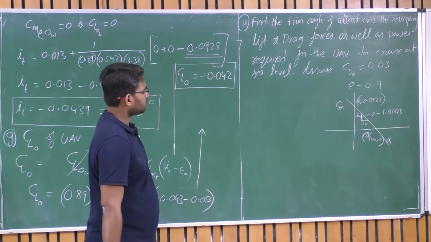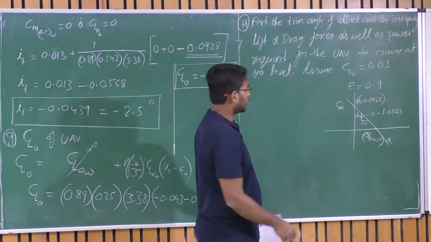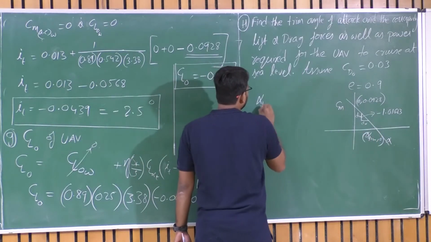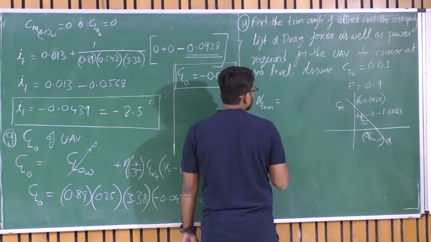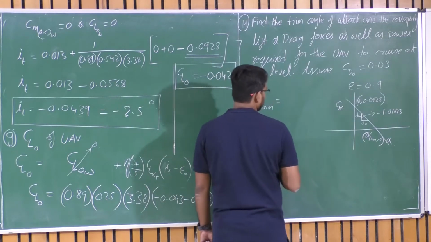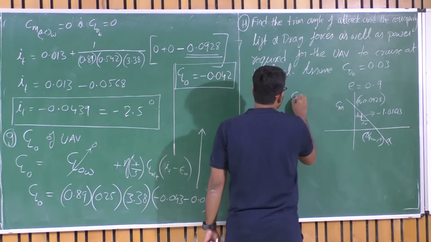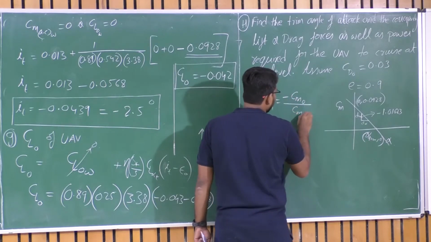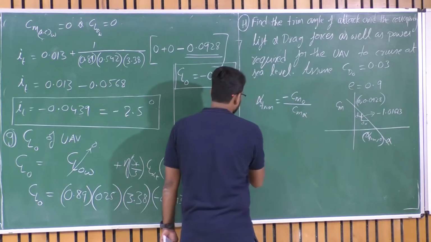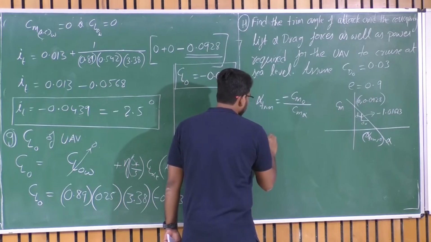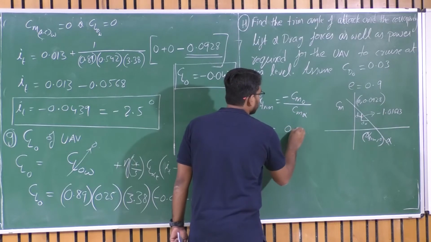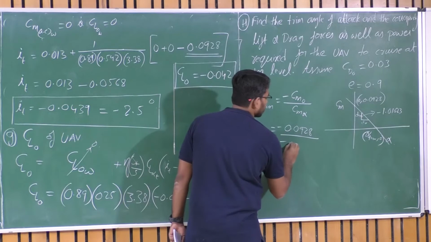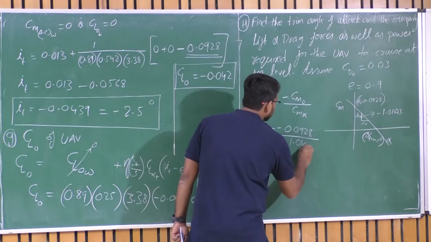By using the definition of slope, I will simply calculate the corresponding trim angle of attack. So alpha trim is equal to minus Cm naught upon Cm alpha. Cm naught is 0.0928 upon Cm alpha, minus 1.01623.